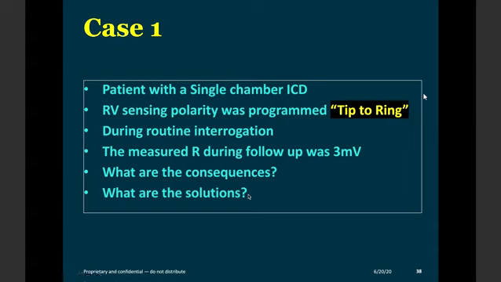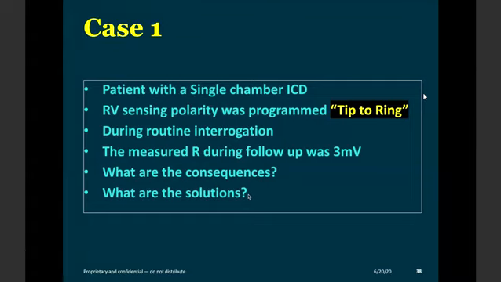So with this basic information of identifying the stored electrogram, understanding an interval plot, understanding the difference between a near field EGM meant for sensing the rate versus a far field EGM, which is from the coil to the can, which is primarily not used for sensing but for discrimination, and the various zones that we program: ventricular fibrillation, ventricular tachycardia, fast ventricular tachycardia, the rate cutoff that we program for each zone, and the therapies that we have programmed.